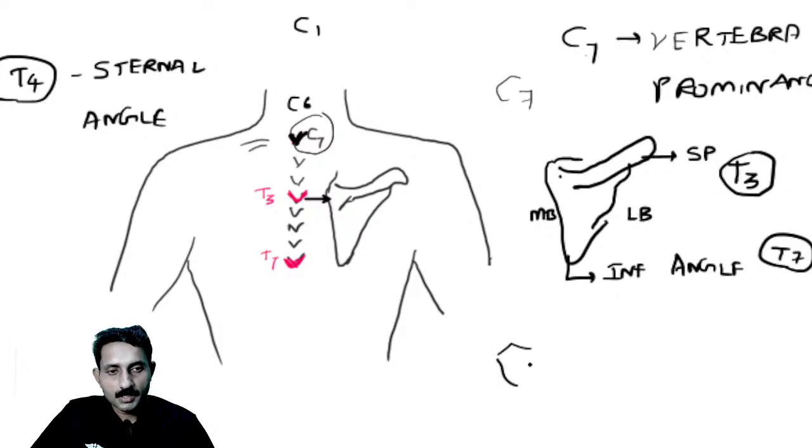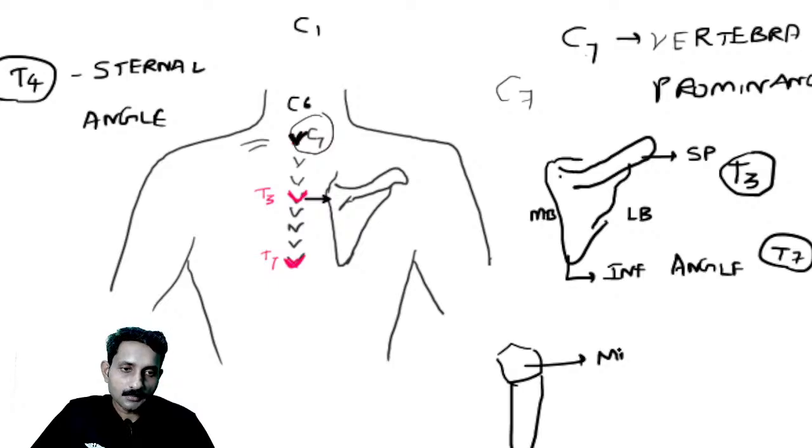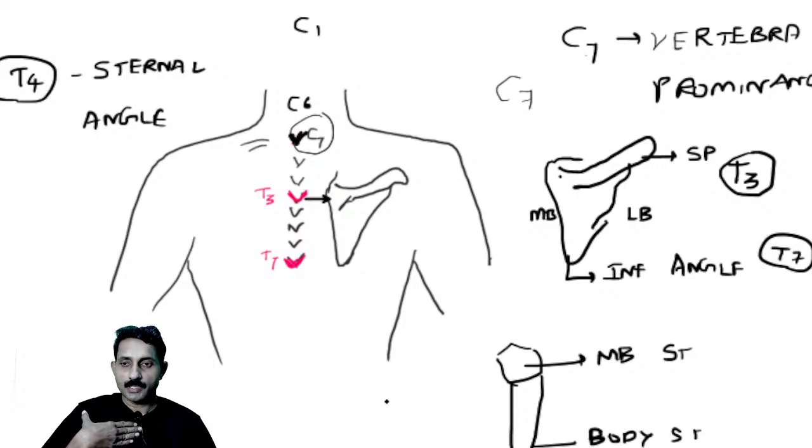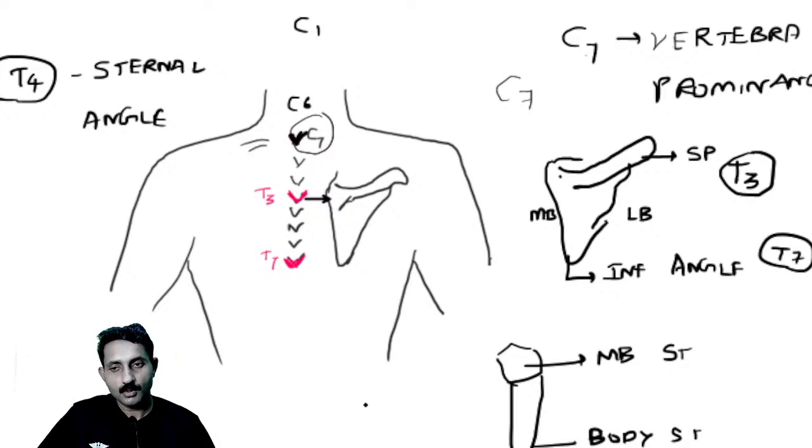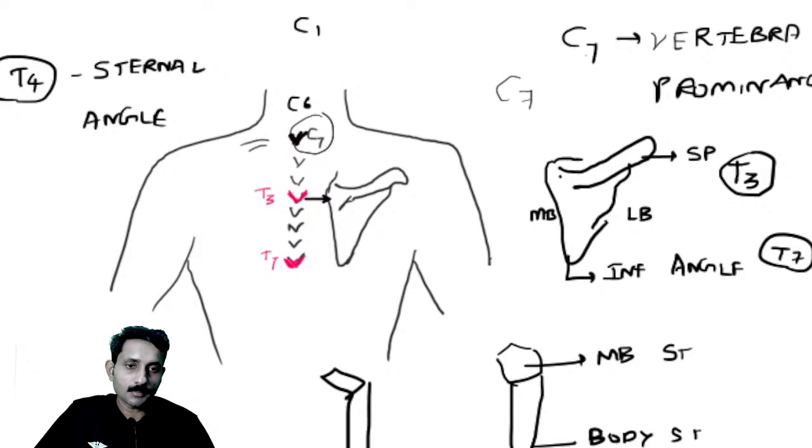This is the manubrium sterni, and this is the body of the sternum. If you view it from the side, the manubrium appears, then the body of the sternum. Can you see it is forming an angle? This angle is called the sternal angle, or angle of Louis.